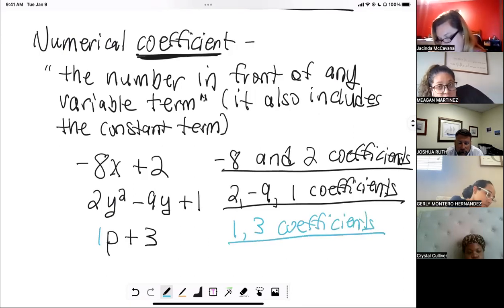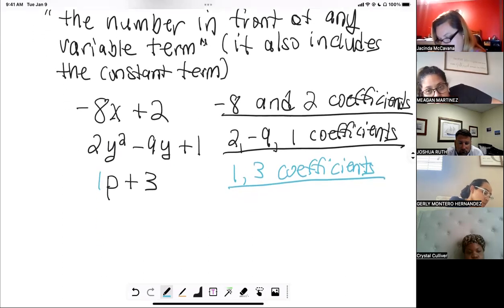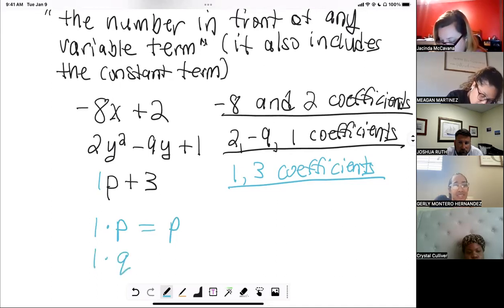Why is it that there's an implied 1? Because everything has a number in front. So if I have 1 times p, that's just p, right? Or 1 times q squared, that's just q squared.